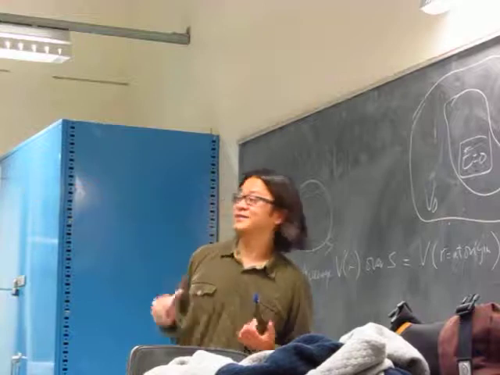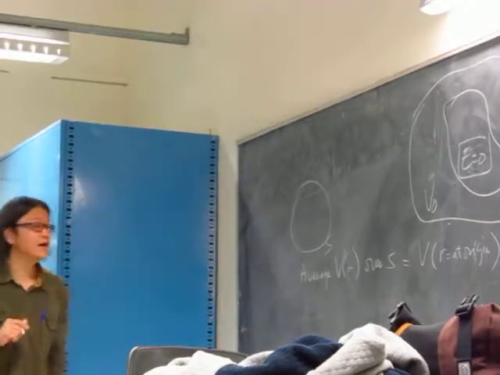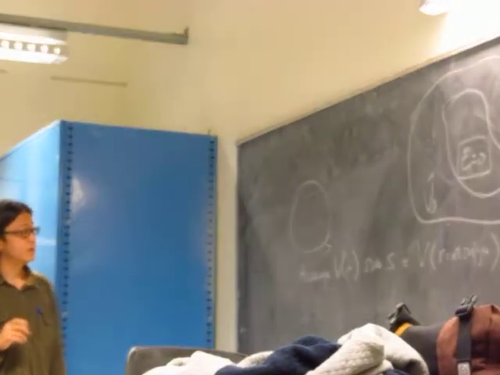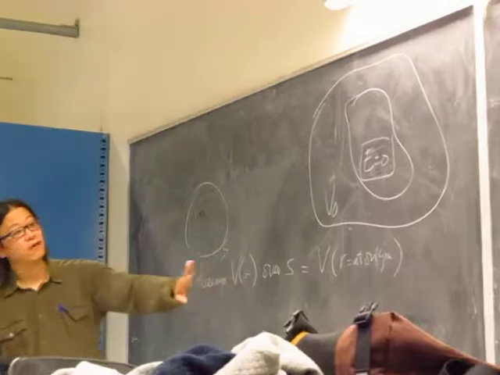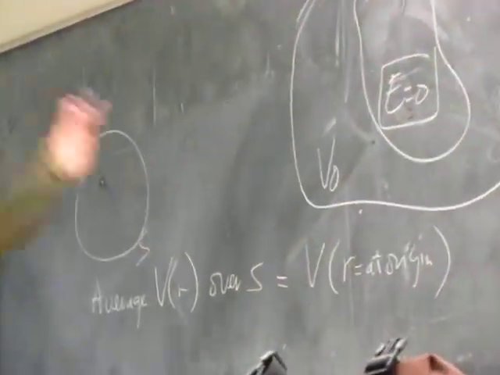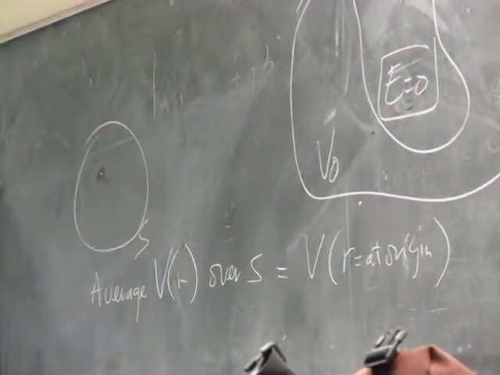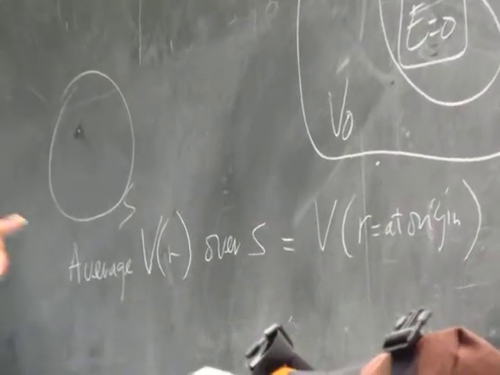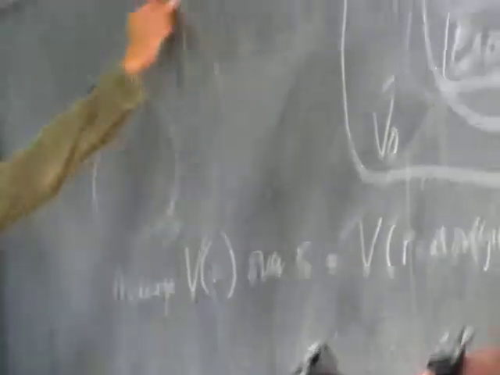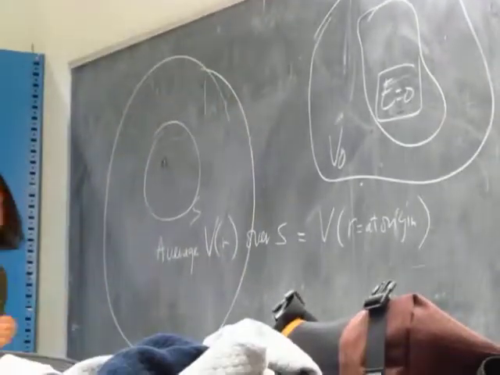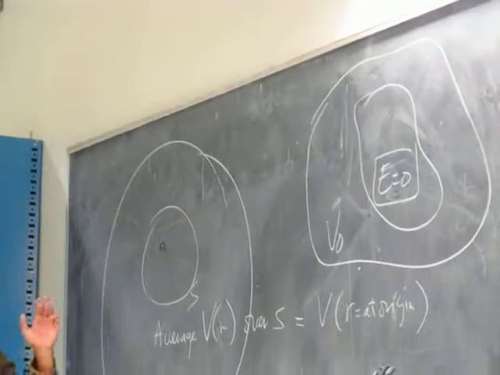When you say the average equals the value at the origin, what does that mean? So this is the beauty of it, right? If you have a region of free space, basically, it's a property of the Laplacian. If the Laplacian of a function is equal to 0, you can take any sphere you want, small, big, it doesn't matter.